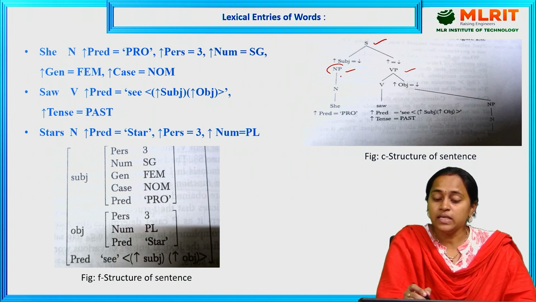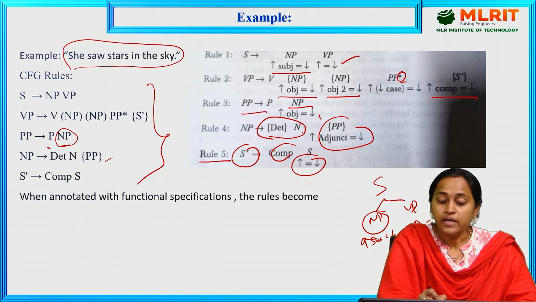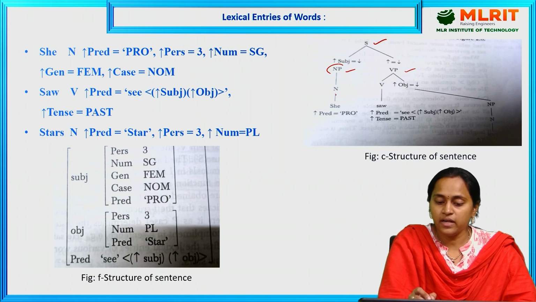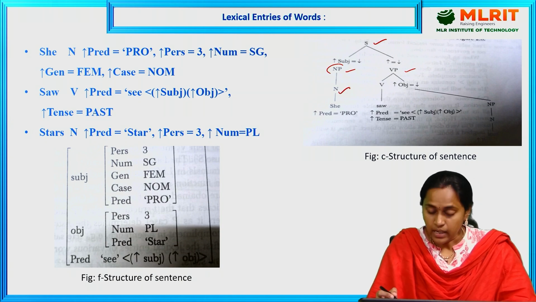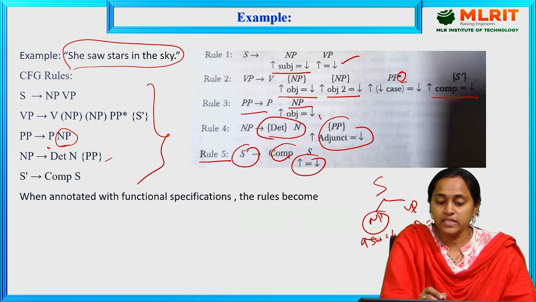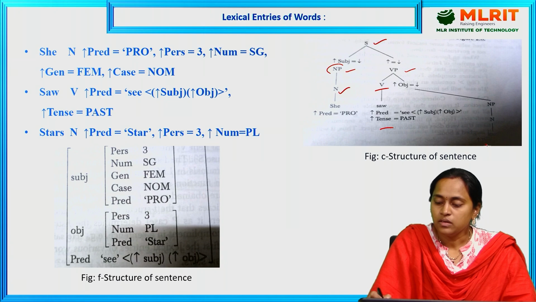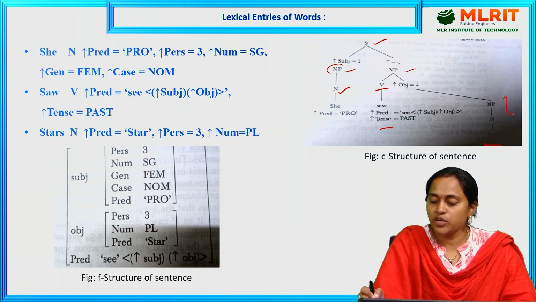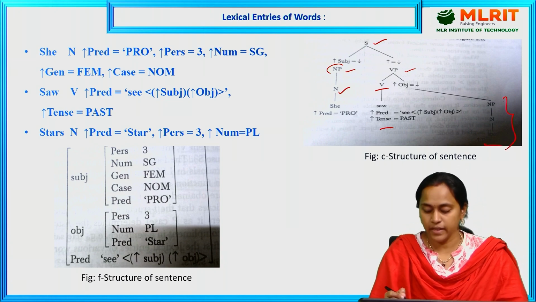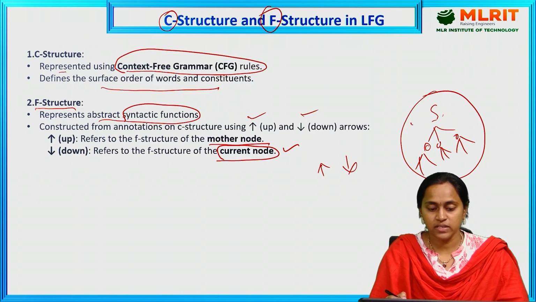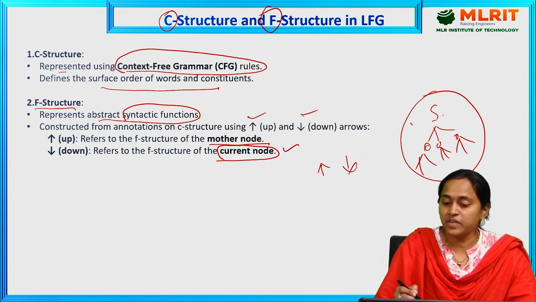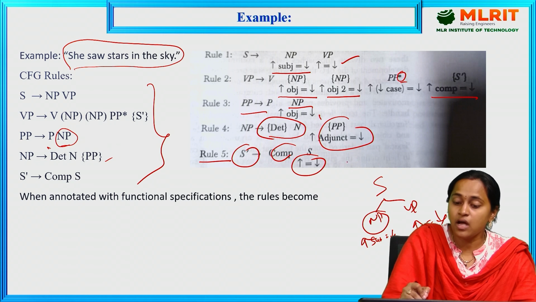Next, the noun phrase contains a determiner and a noun. Then the verb phrase contains a verb plus a noun phrase plus the object. Here is the final C structure of the sentence. What is the C structure here? It is context-free grammar. Based on the rules, I am generating the C structure.